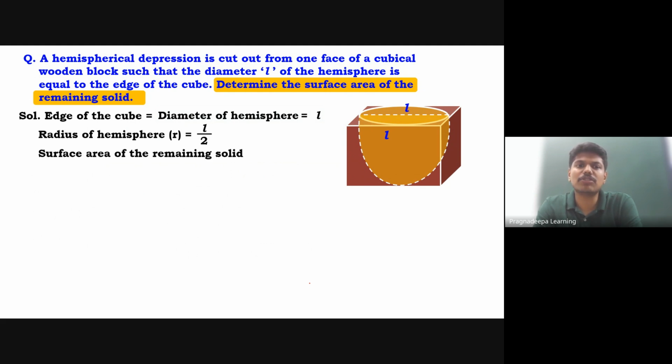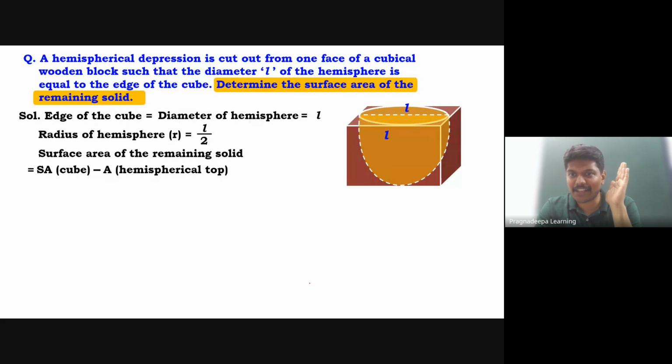So I'll calculate the total surface area of the cube, that is, I consider the complete cube and subtract the hemispherical top, the circle part, plus I have to find the curved surface area of the hemisphere. Did you understand this, students?